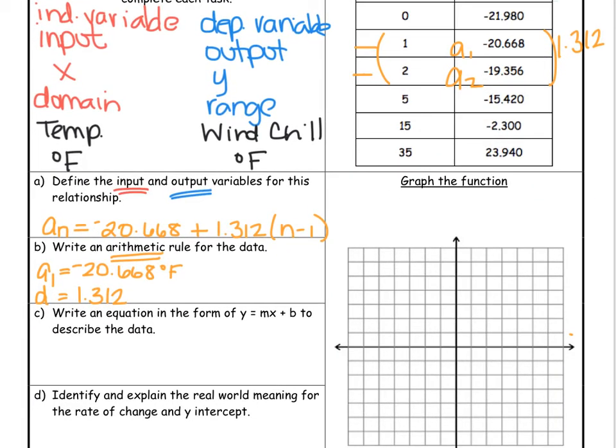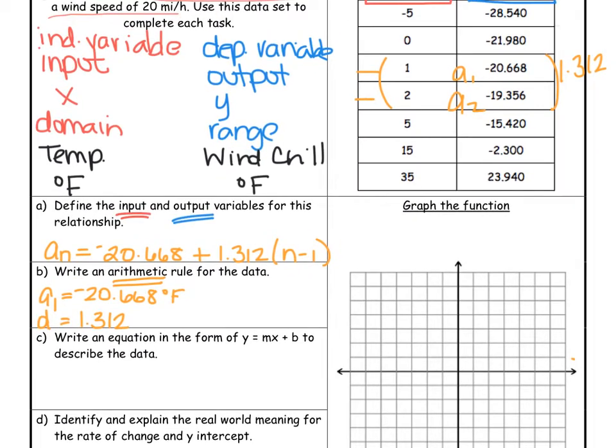So now we need to write an equation in the form of y equals mx plus b for this table right here. And again, because this is linear, it is arithmetic, we can use any 2 points to write the equation for our linear function. So if we want to write it in slope-intercept form, y equals our rate of change, just like we did up here, is 1 and 312 thousandths times x plus our y-intercept.